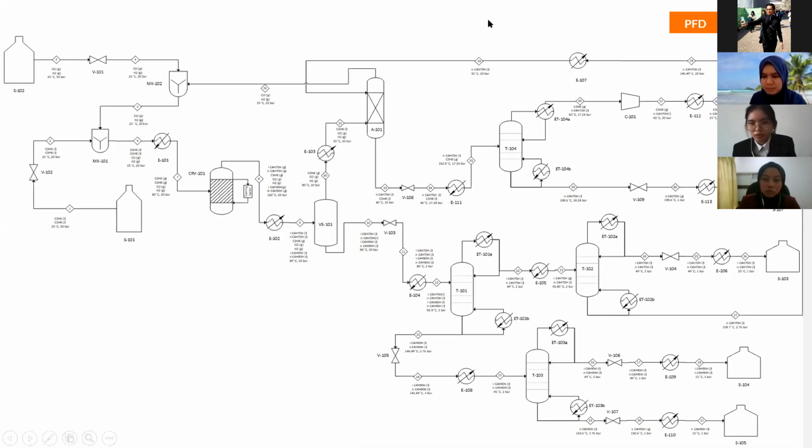Because it's the same thing, right? Your stream 41 and stream 27, it's the same component, right? Yes. Then why do you have a different treatment? Like one you straight away send out, you're going to sell it or whatsoever, then the other one you want to recycle. What are the reasons?